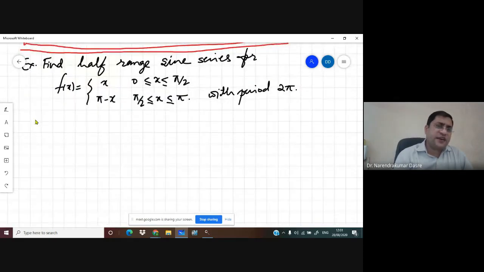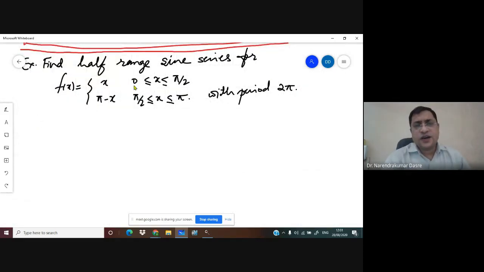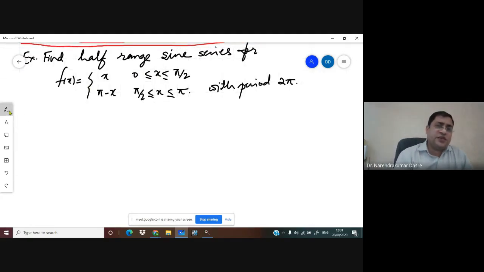We need to be careful that a half range series is always in between 0 to L. So this is 0 and this is going to be L. That we have to identify immediately. So we go with the solution.